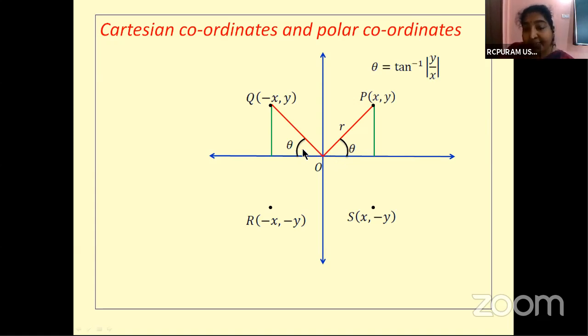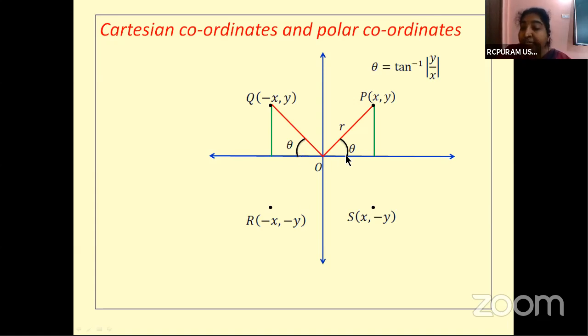When you are going in the anti-clockwise direction, the angle till here is 180 degrees, and only this part is theta. So I can write this as 180 minus theta.